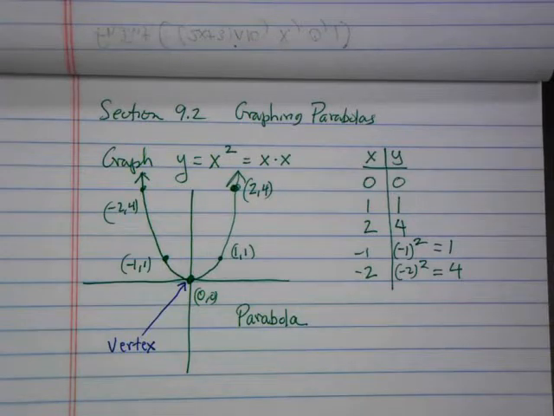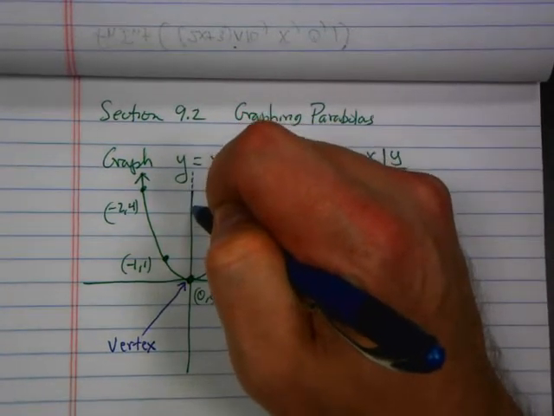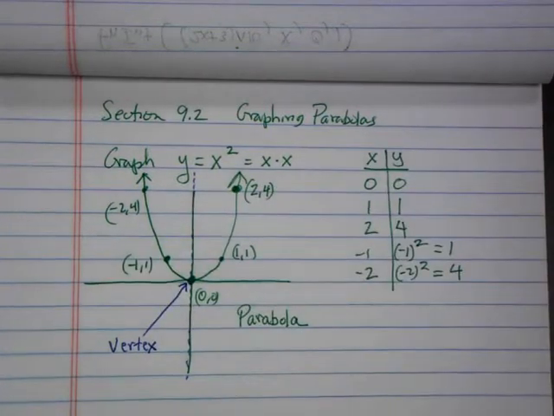The second thing you should notice is if I were to draw a dotted line right here, going right through the middle of the vertex, what can you tell me about the parabola? It's a function, that's true, but that's not what I was looking for.